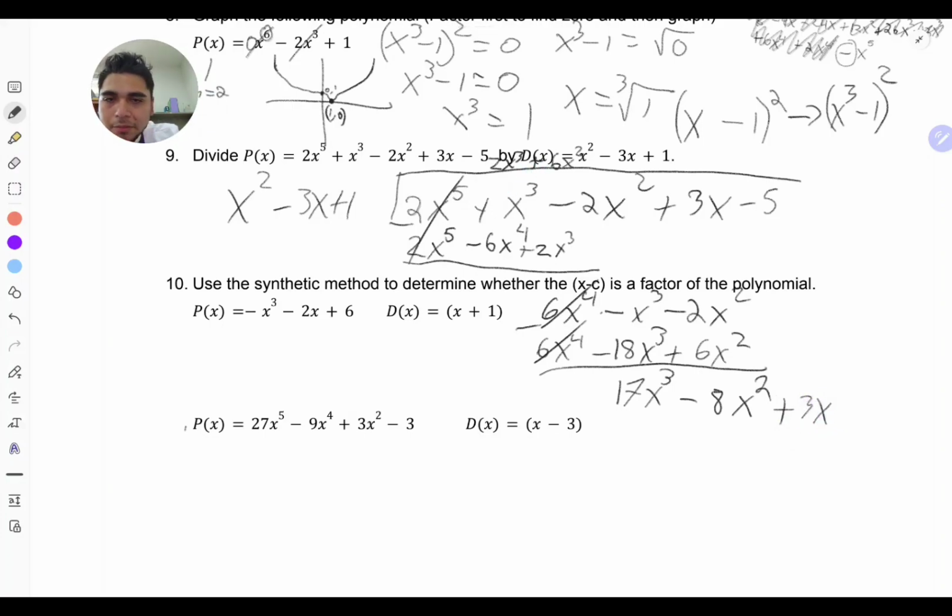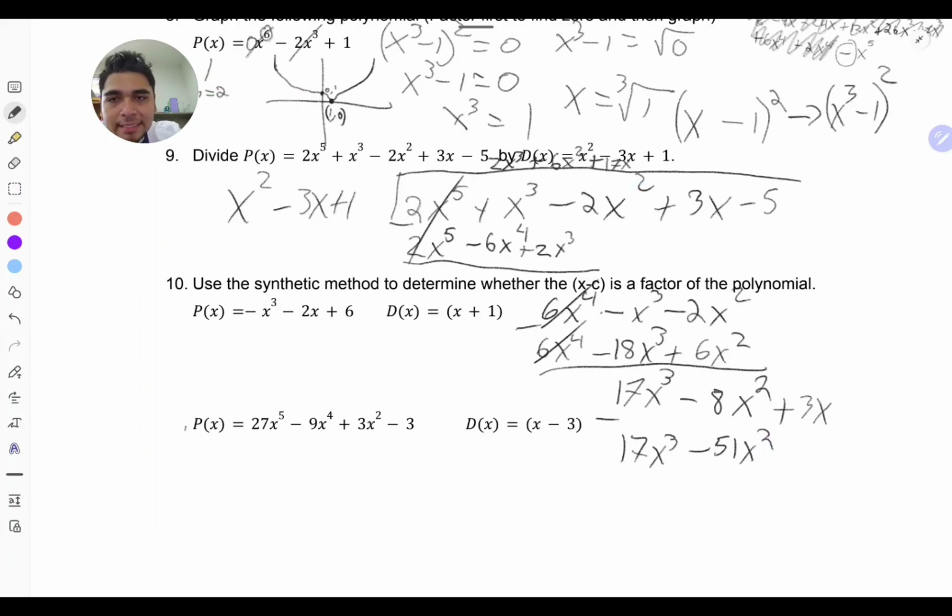So now what do we do? Well, this just plus 17x, right? Plus 17x. So 17x times x squared is equal to 17x cubed, right? Now 17x times negative 3x, okay? I do not know that off the top of my head. So 17x times 3, that's 51. So that's minus 51x squared.